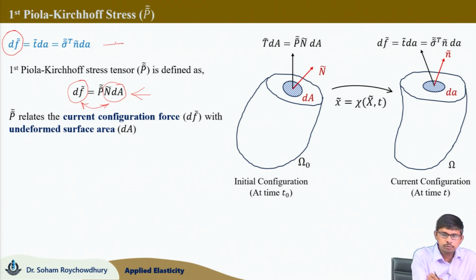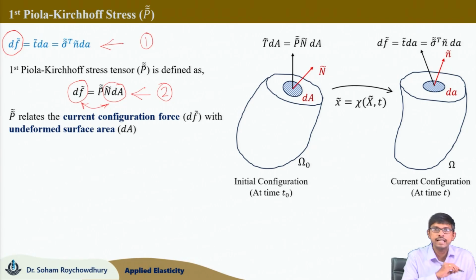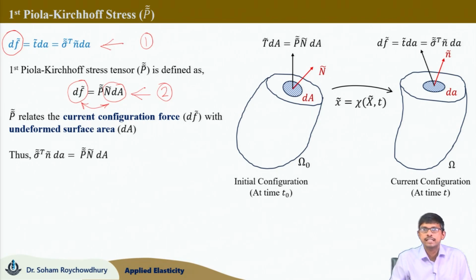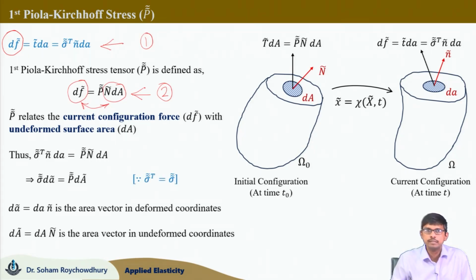Now, using both of these equations, 1 and 2, as the left hand sides are the same, d small f, we can equate the right hand sides and write sigma transpose small n d small a equals P capital N d capital A. Using the symmetry, removing the transpose of sigma, sigma d small a equals P d capital A, where d small a is the deformed area vector and d capital A is the undeformed area vector.